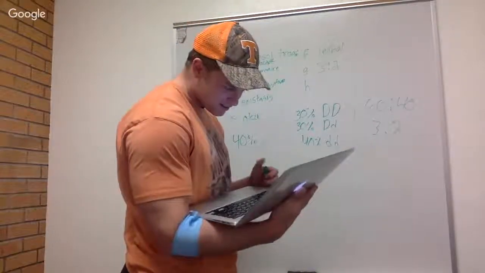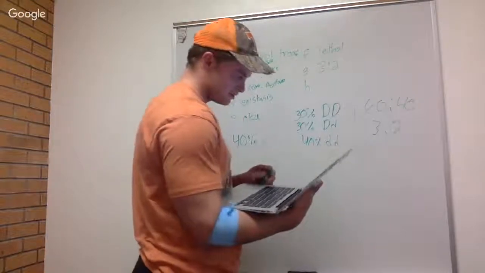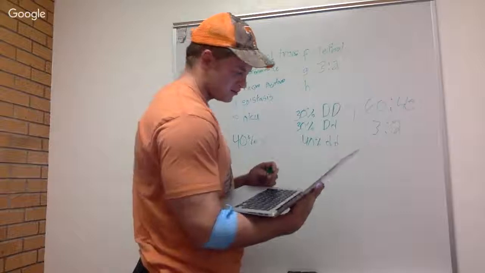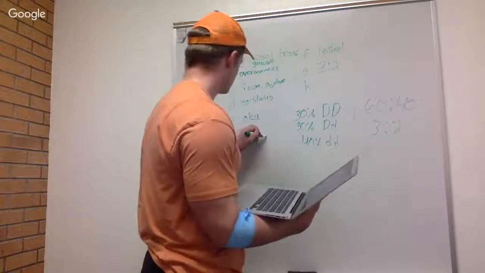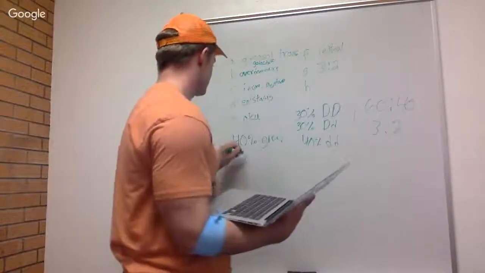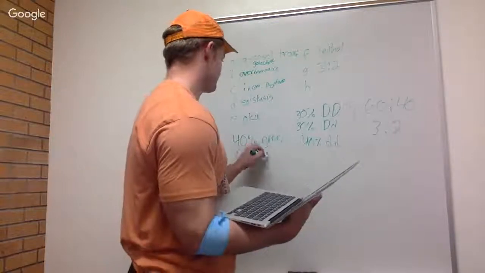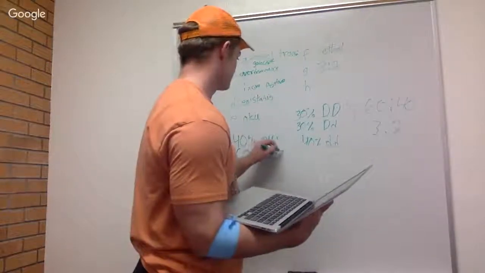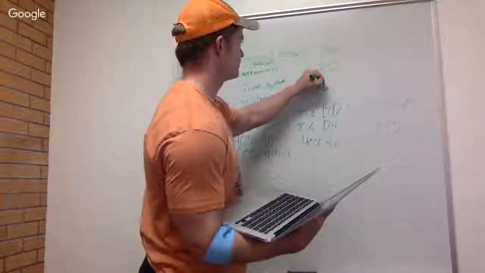And no, 40% are green. Well, 60% are white. And so basically in that case, we can just say that it's a 40 to 60 ratio there. And so that's a 2 to 3 instead.